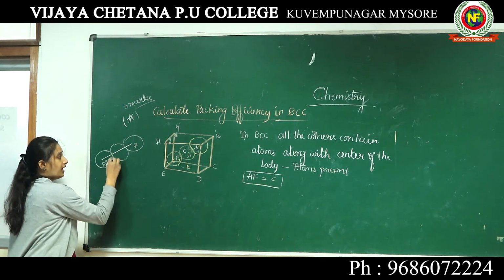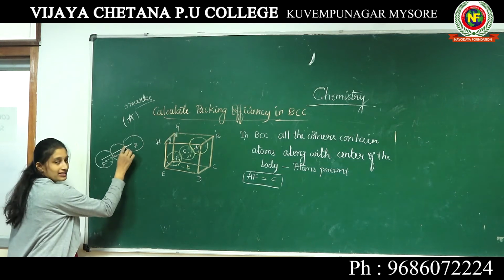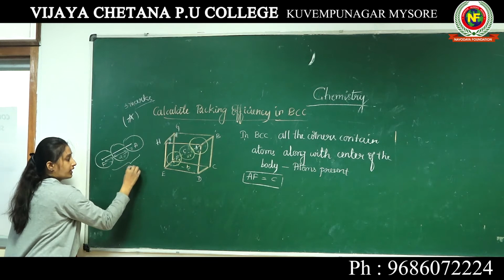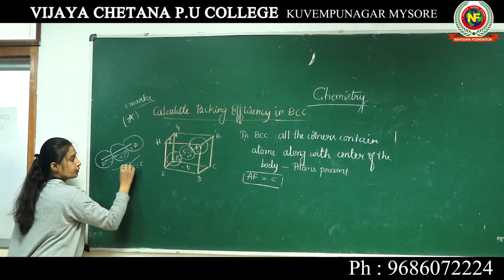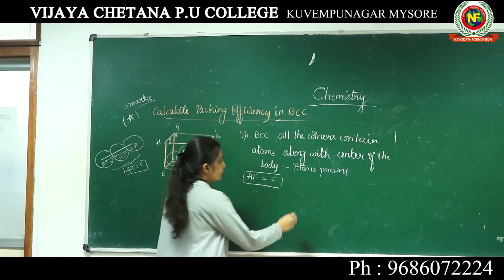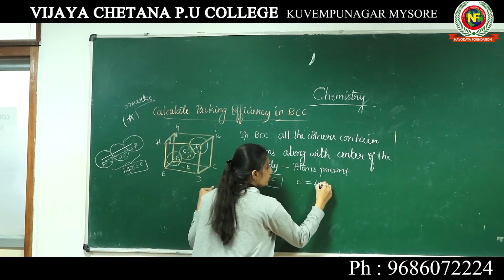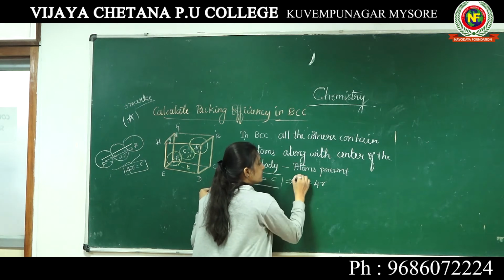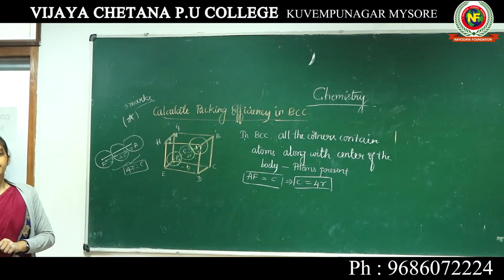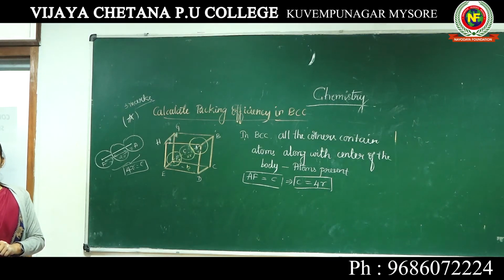From here to here R, from here to here R plus R, 2R, and here R. So in total 4R. C is equal to 4R.